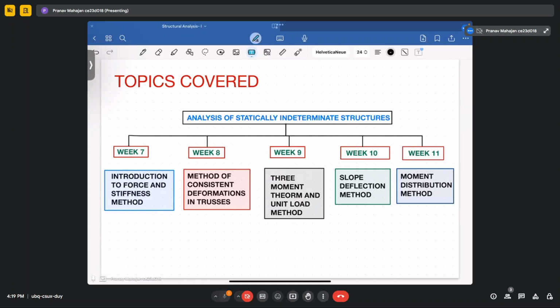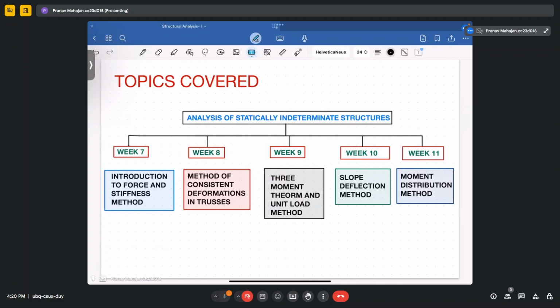So in this, we have taken into account the concept of distribution factor as well as the carryover moment in order to determine the end moments at various points along the span of the beam as well as for the frames.